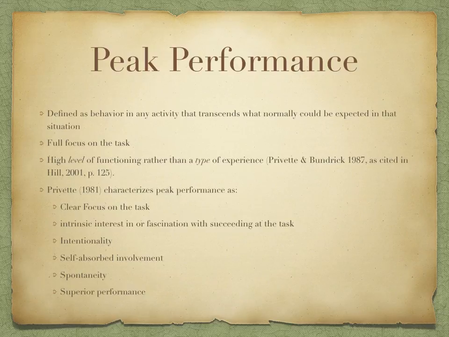Peak performance is defined as behavior in any activity that transcends what normally could be expected in the situation, requires full focus on the task, and a high level of functioning rather than a type of experience. Privette and Bundrick, 1987, as cited in Hill, 2001, page 125.